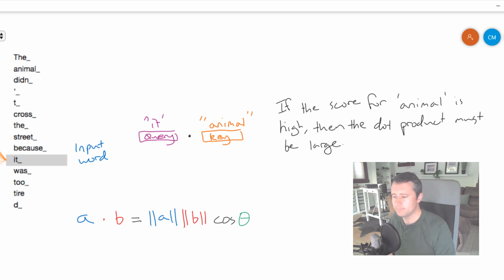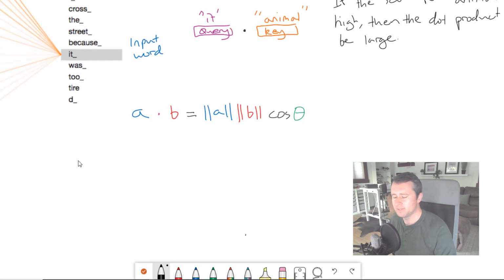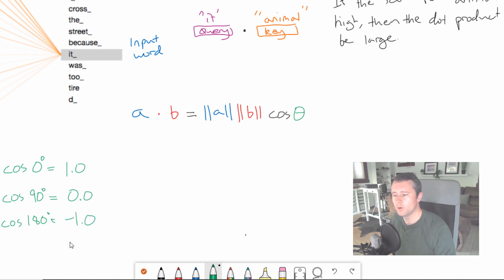And the cosine, let's look at some cosine values. If two vectors are pointed in the same direction, then the angle between them is 0 degrees, and the cosine of 0 degrees is 1.0. If they are orthogonal to each other, the angle is 90 degrees, then the cosine is 0.0. And if they point in opposite directions, then the cosine is negative 1.0.